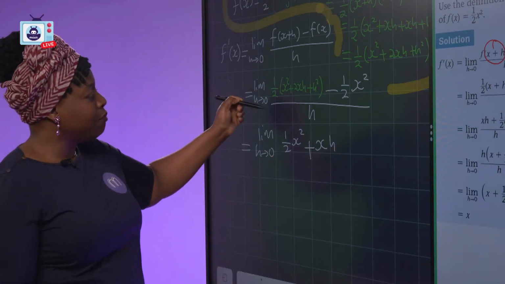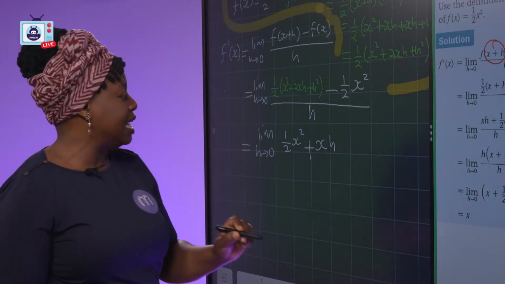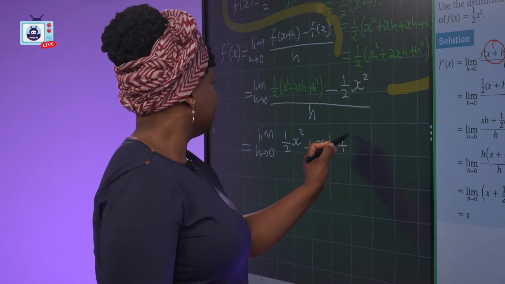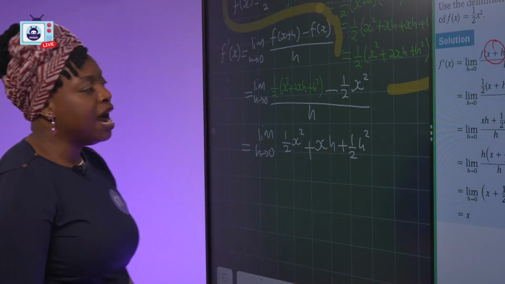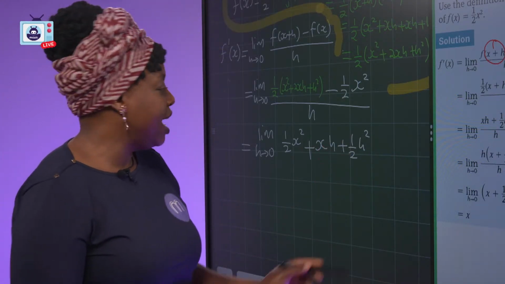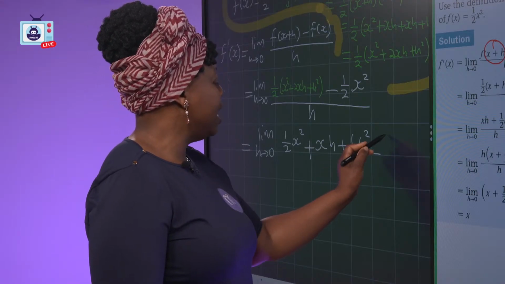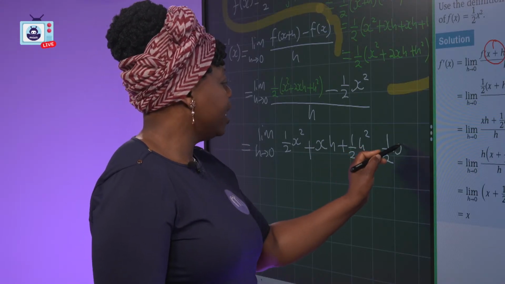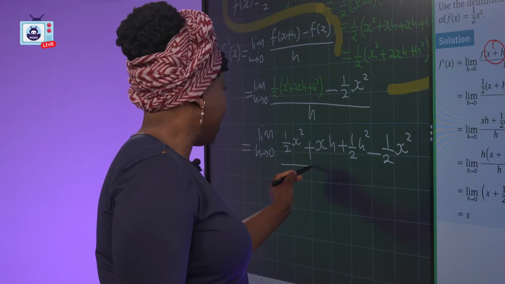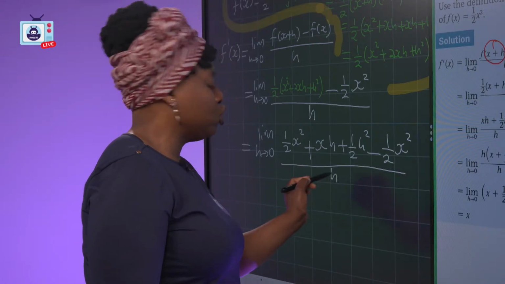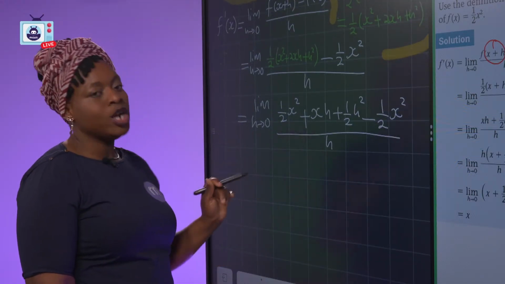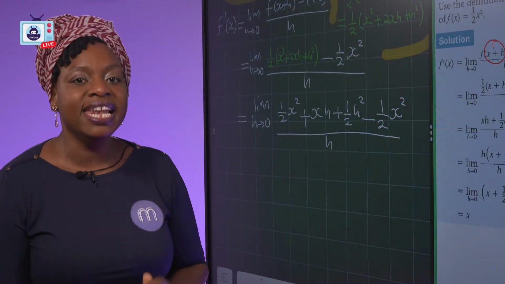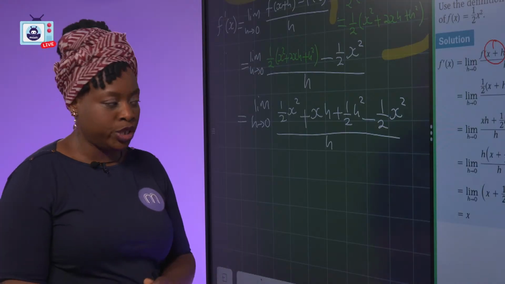Again, a half multiplied by h squared will give us plus a half h squared. But remember, we have minus f of x, okay? So we're going to say minus a half x squared and then divide all this by h. Just make sure that when you divide, you do not divide through the limit as h approaches 0, okay?